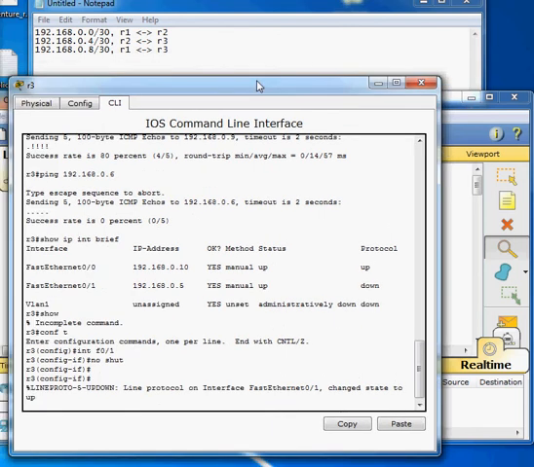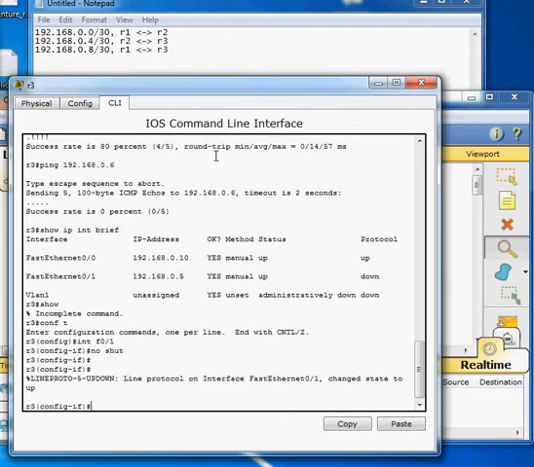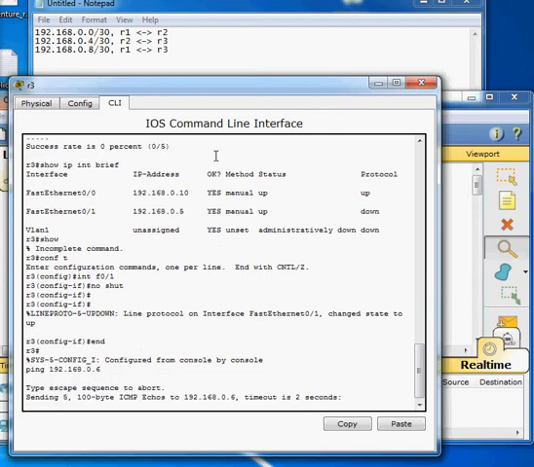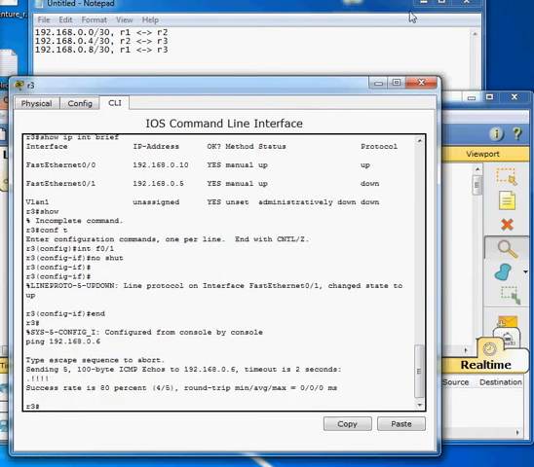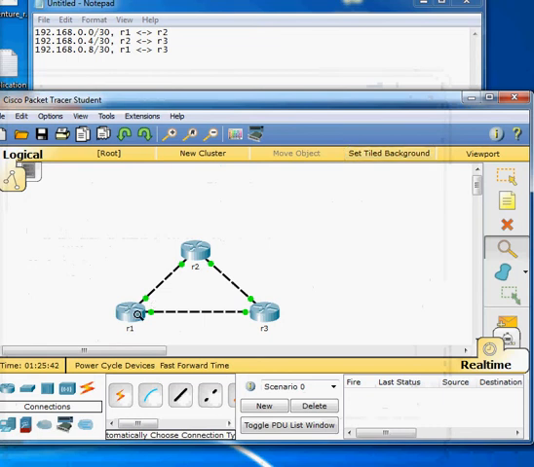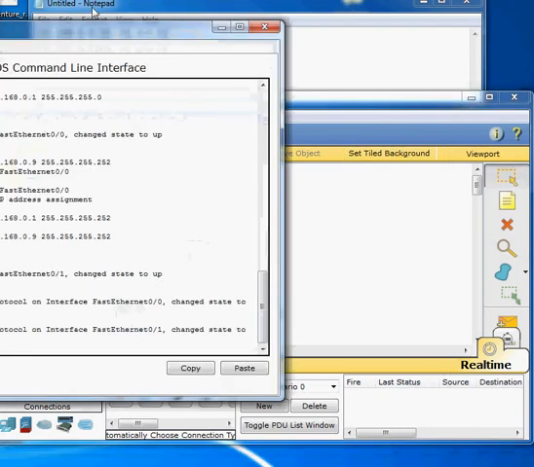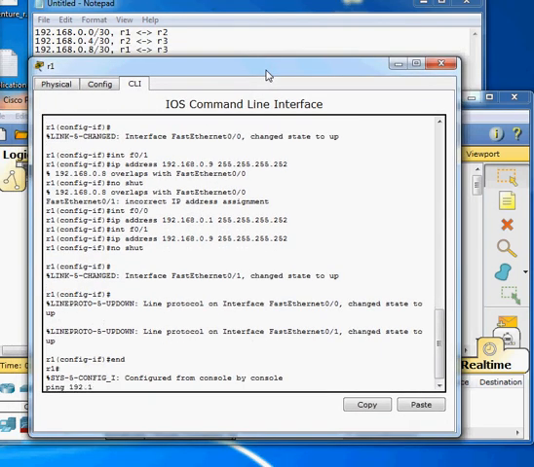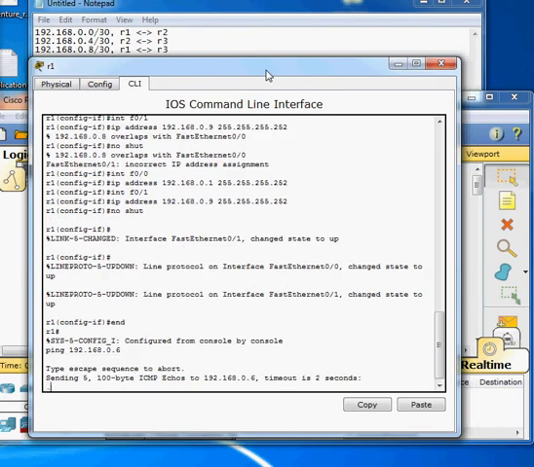Let me try doing a ping again. Alright. So let me try pinging router 1. Try pinging router 2 from router 1. Whoops.